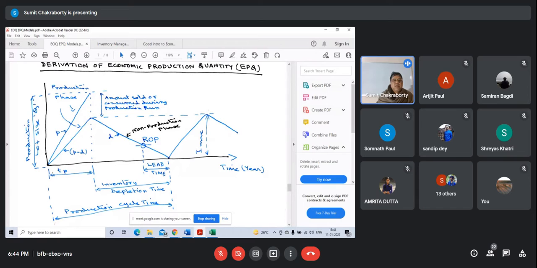TP is the cycle time of production run, and the cycle time of the non-production phase is TN or TD, whatever it is, this inventory depletion time. So together TP and TD we call the production cycle time. All right.